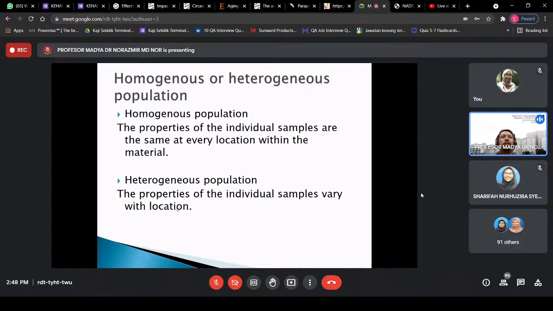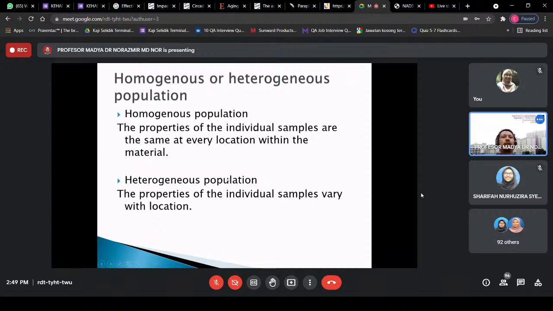So, homogeneous or heterogeneous population. Homogeneous, the same sample. The properties of the individual sample are the same at every location within the material, for example, bread from the same factory.